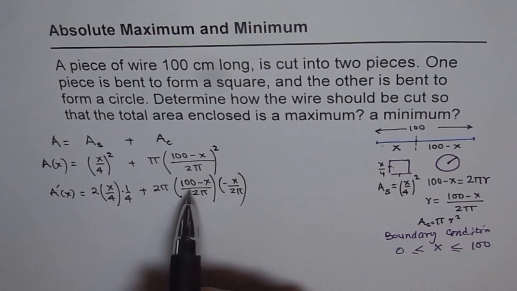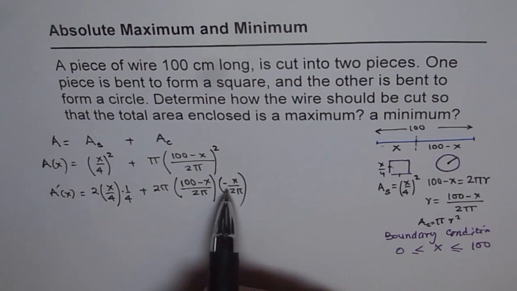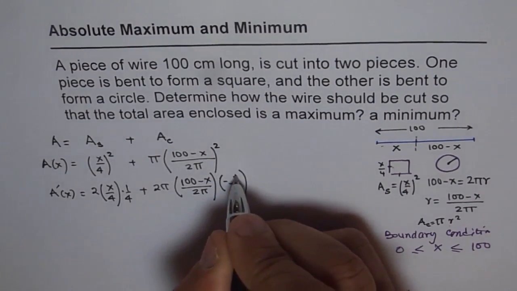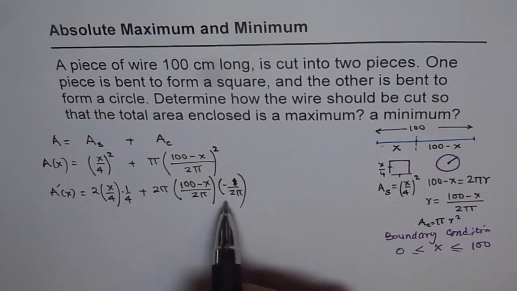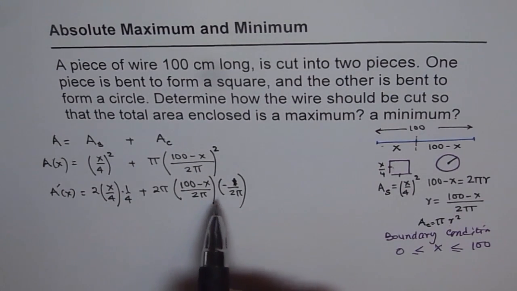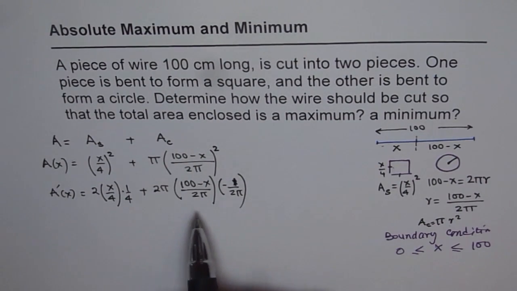Because the derivative of a constant is 0 and the derivative of minus x over 2 pi is minus 1 over 2 pi. So that is what you get as the derivative of this. Now if you're finding this difficult, first open the square and then do it, correct? So either way you get the same result, right?